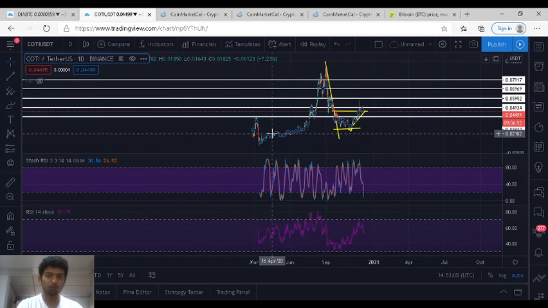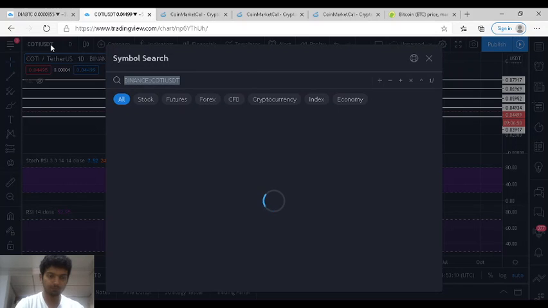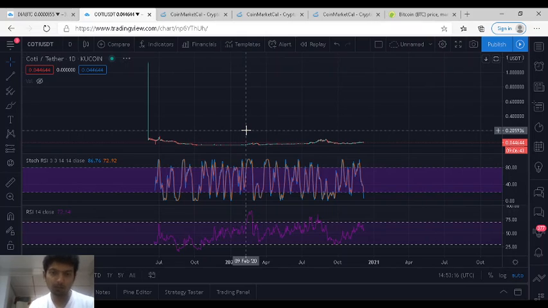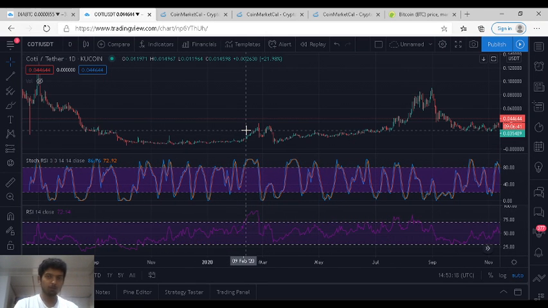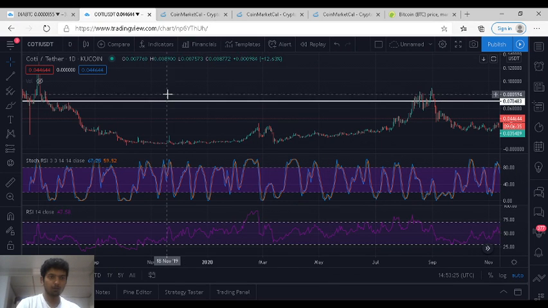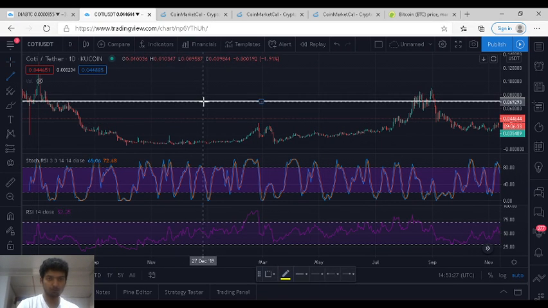Okay, we'll have to use a different chart. If you look over here, we have a cup and handle forming on this range. Take your measurements.